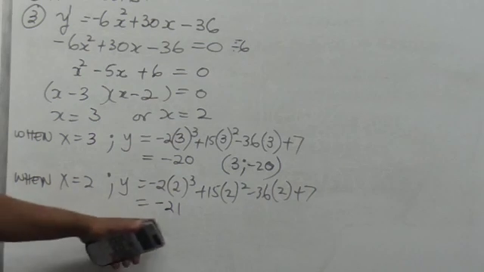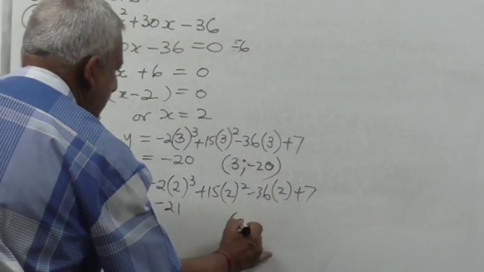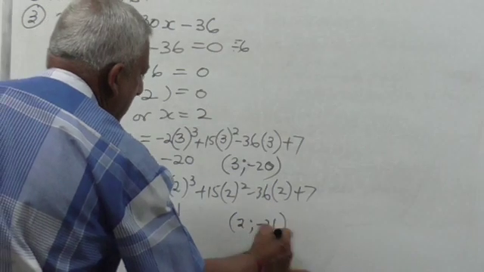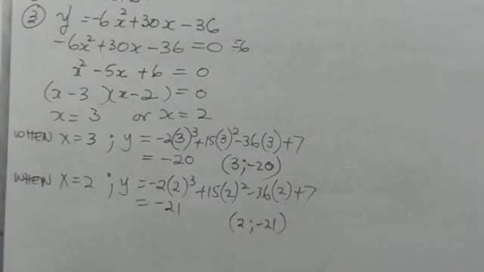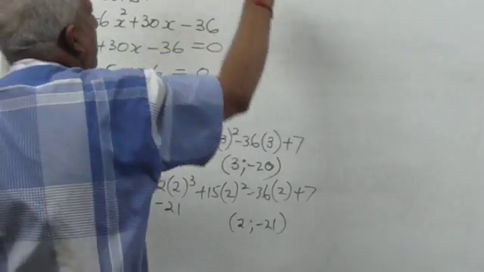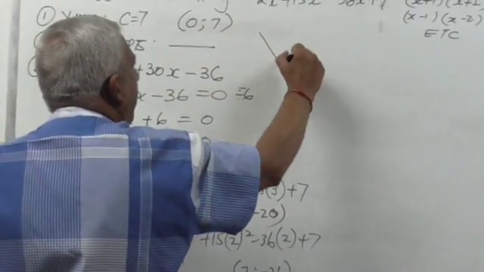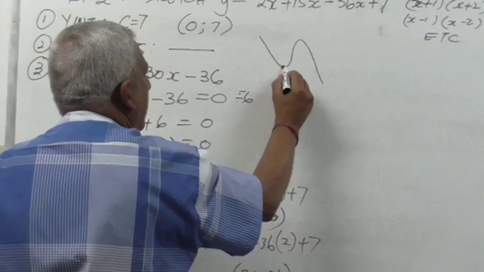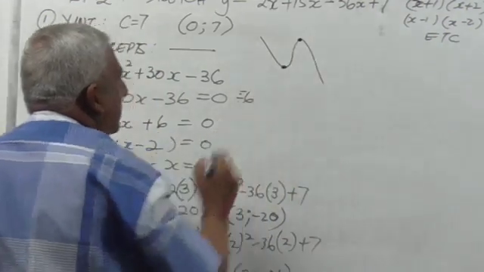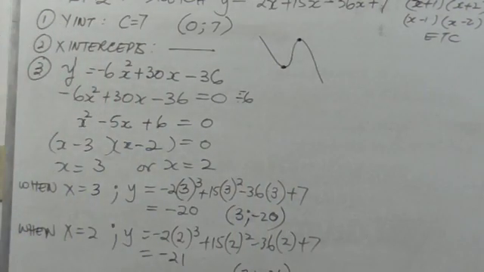Yes, so this is right. So the next ordered pair is 2 and minus 21. Alright, so now we've got the turning points. Because this is negative, we know the graph is going this way. So the one on the left will be a minimum, the one on the right will be a maximum.